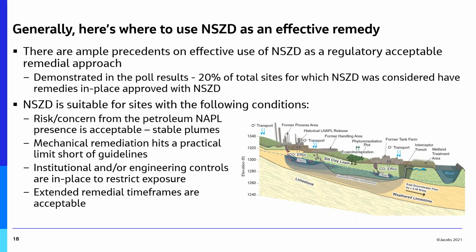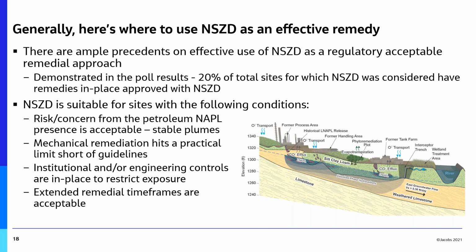But if you can do that, then these 10+ year remedial timeframes, which are actually real for both mechanical plans as well as NSZD plans, become more doable. As long as you can protect human health and the environment, the remedy works.